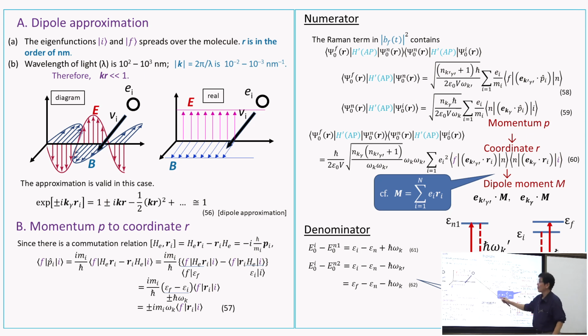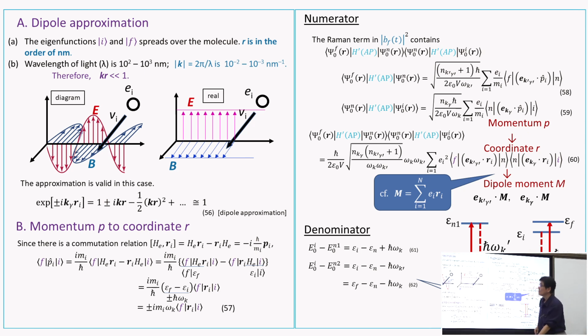For this reason, this consideration results in the relationship kr should be much smaller than unity. Okay, r is nanometer, k is 10 to the minus 2 to minus 3 nanometer inverse. kr should be much smaller than 1.